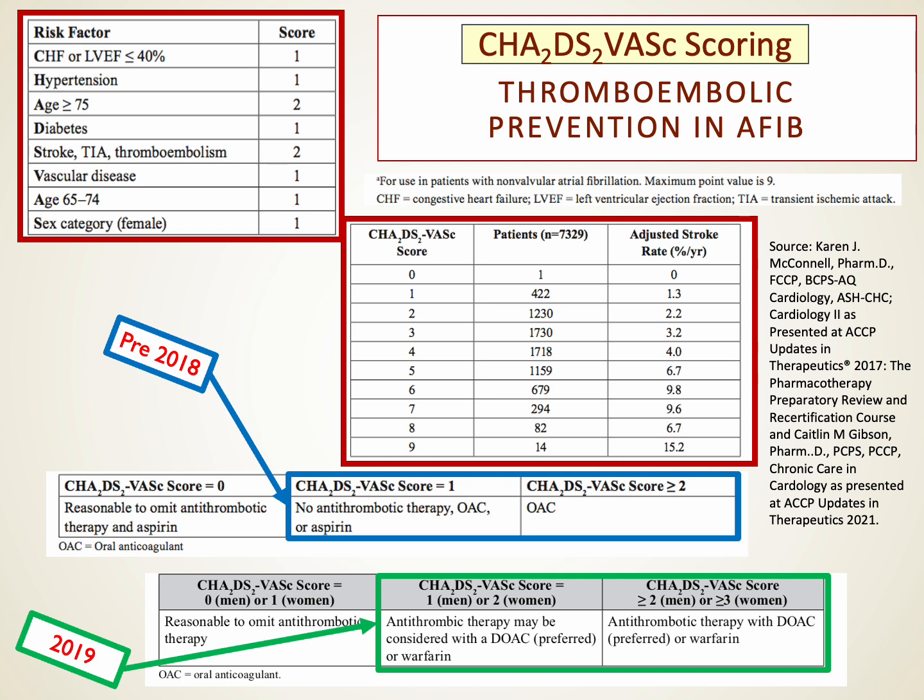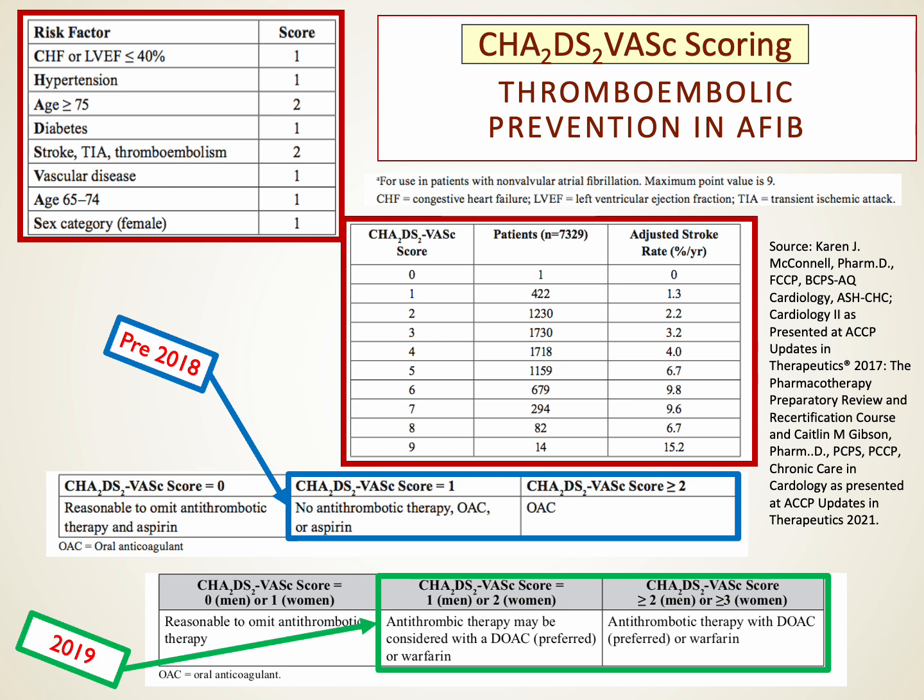We used to have a different set of guidelines where we would recommend aspirin or antiplatelet therapy for patients who were intermediate with a CHA2DS2-VASc score of 1 or maybe 2. And the newer guidelines address that this really doesn't make a lot of sense, and we don't really do that much anymore.